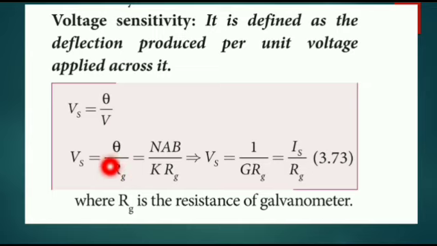So theta by I is NAB divided by K, which equals 1 by G, multiplied by 1 over Rg. Therefore, 1 divided by G is the current sensitivity Is, so Vs is equal to Is divided by Rg. This is the voltage sensitivity of the galvanometer.